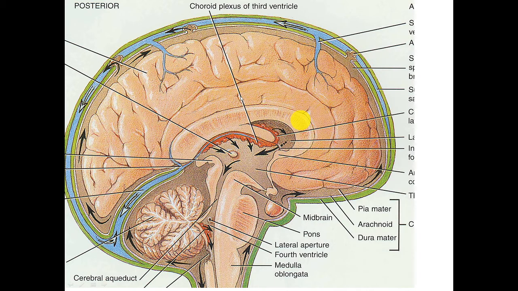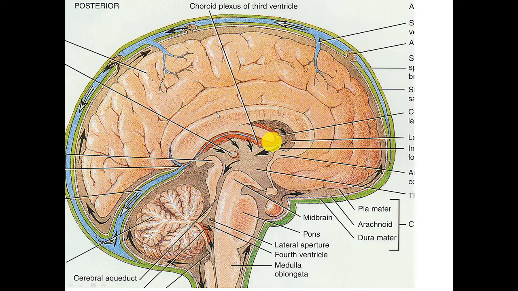So this is the corpus callosum, and it's part of the cerebrum. It's a connector from the right hemisphere to the left hemisphere. So it's connecting the left side to the right side of the brain.